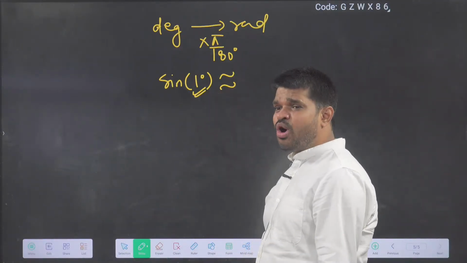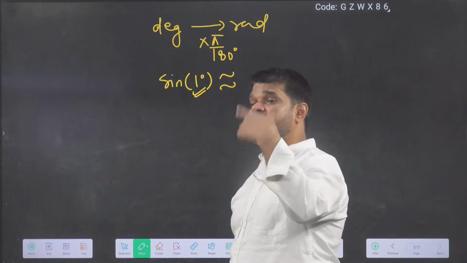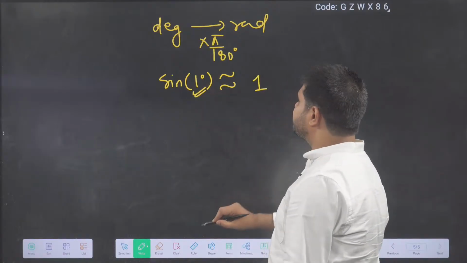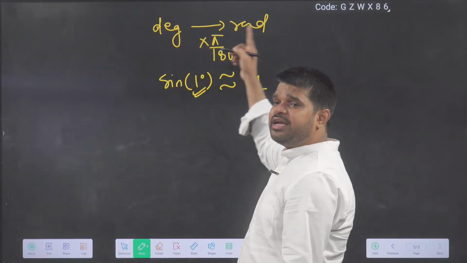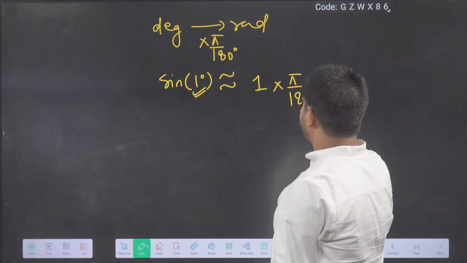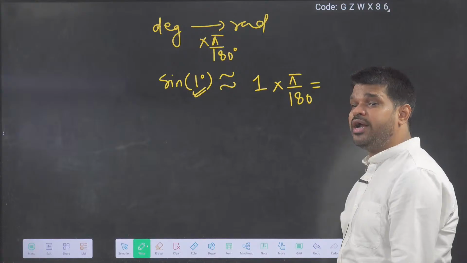Sine 1 degree is a small angle, so its approximate value will be 1 degree converted to radian. So I will simply write 1, but to convert degree into radian, multiply it with pi by 180. Pi is 3.14.